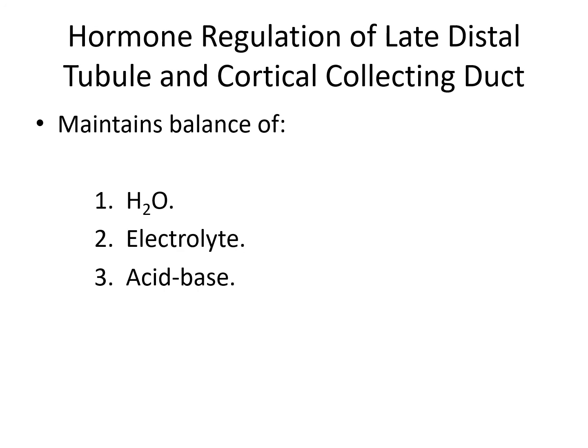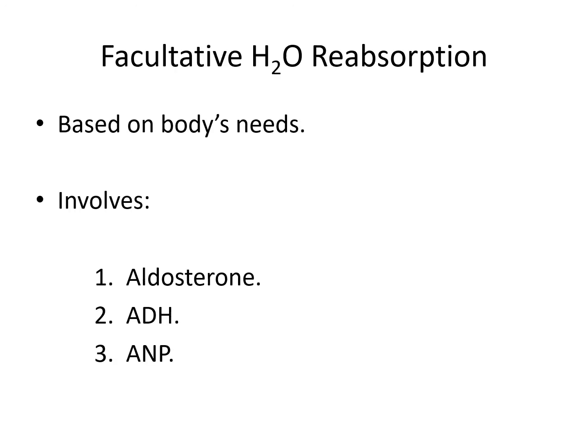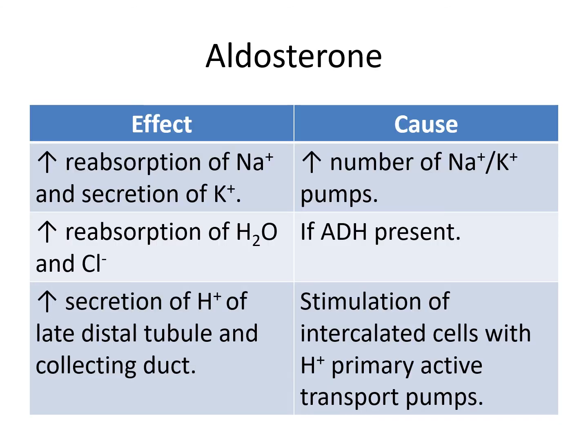So look at the hormone regulation of the distal tubule and cortical collecting duct. It maintains the balance of water, electrolyte, and acid-base. So these are important homeostatic mechanisms. Okay. Remember we mentioned facultative water reabsorption, and this is based on the body's needs. It involves aldosterone, ADH, and natriuretic peptide.